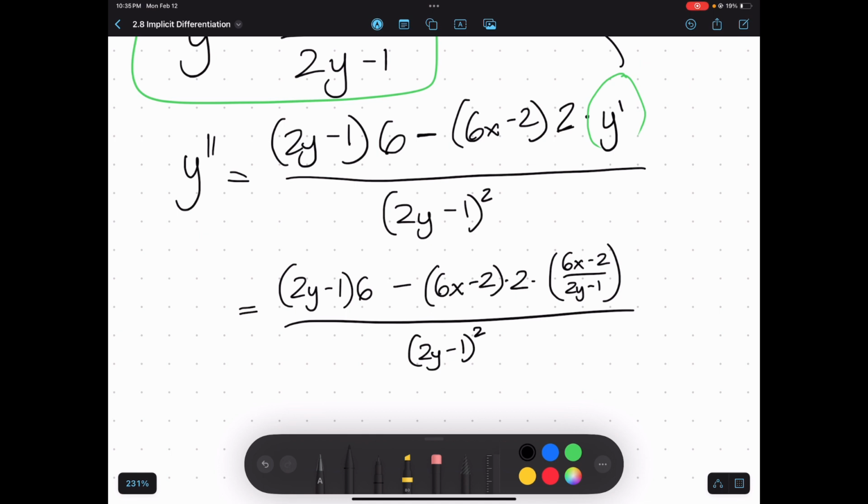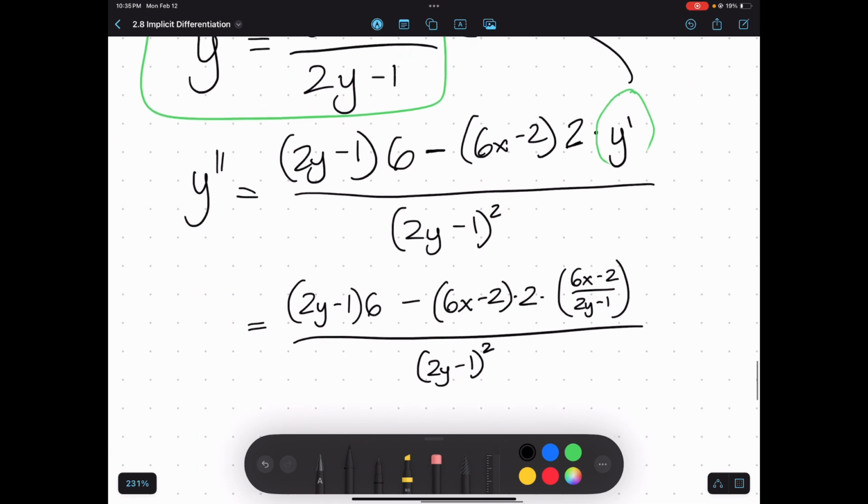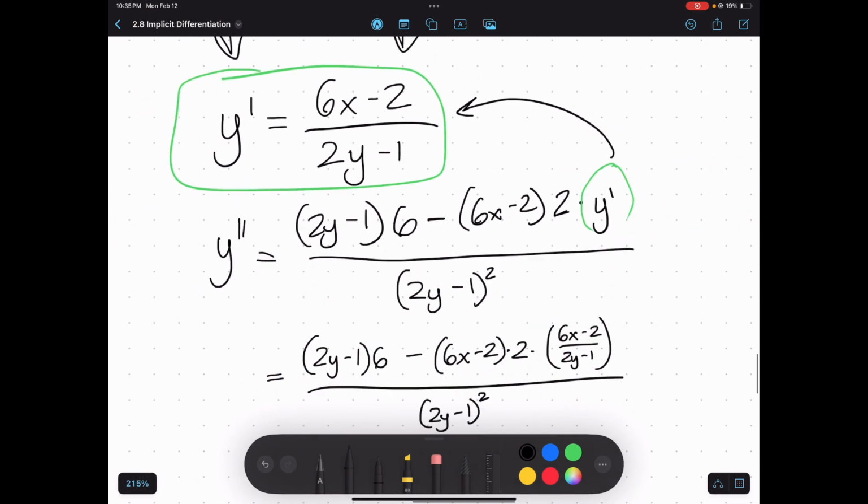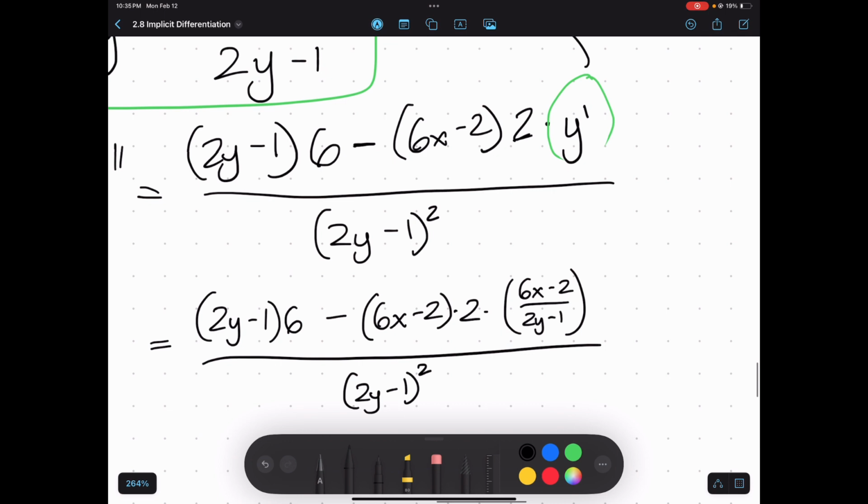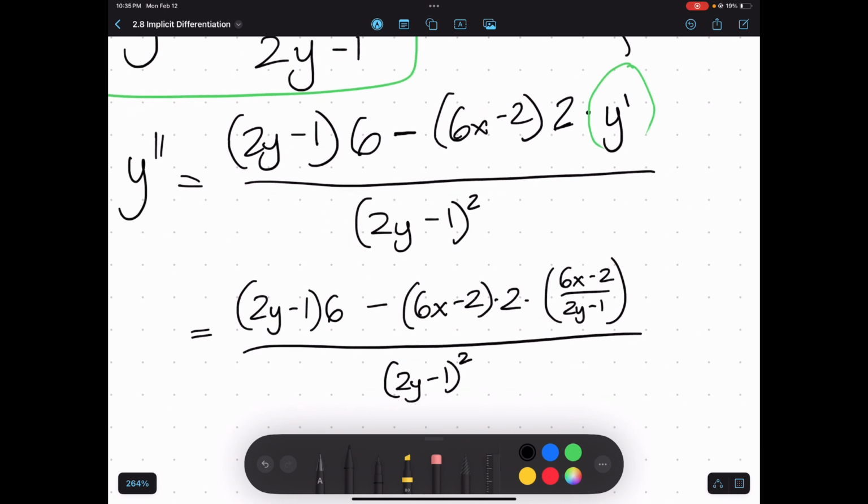Okay. Now the reason why I'm not simplifying is to highlight the fact that I think a lot of these problems, especially the ones where you're finding the second derivative on your homework, won't tell you that you need to simplify. So once I substitute my y prime function in so that everything's in terms of x and y, that's enough. I can stop there. You can go and submit your answer like that.